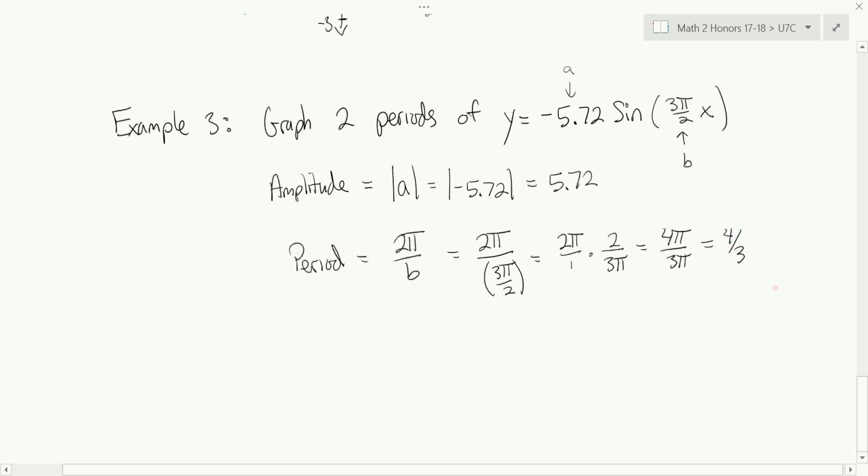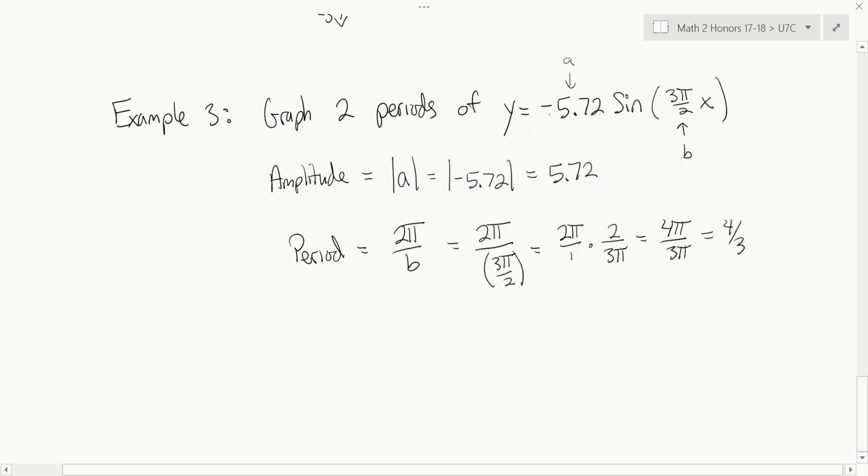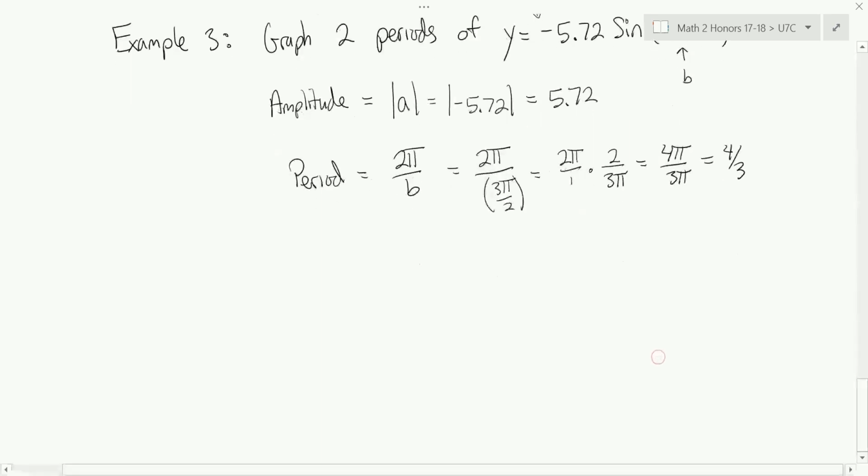And then lastly, notice our function starts with a negative. We've got a negative number in front of the sine, and when that happens, we're going to have to flip or reflect the sine function over the x-axis. So here's our x-axis.